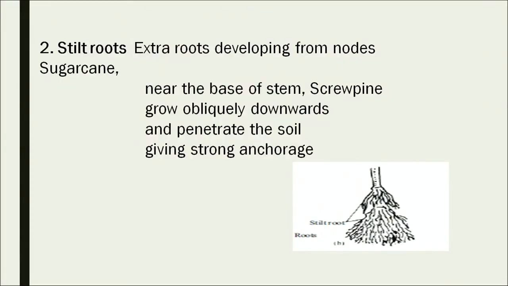I told you that certain roots from the sides of the plant in the aerial portion develop and provide extra support to the plant, because sugarcane is a very tall kind of plant and it needs extra anchorage. So strong anchorage is provided by these roots, all right.